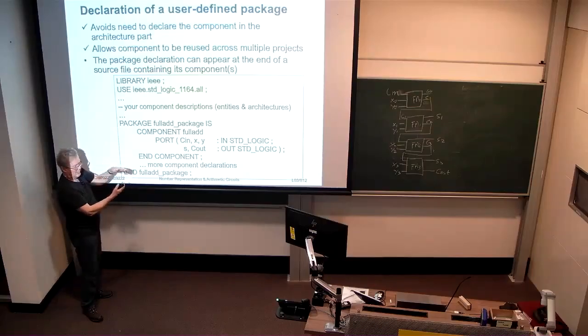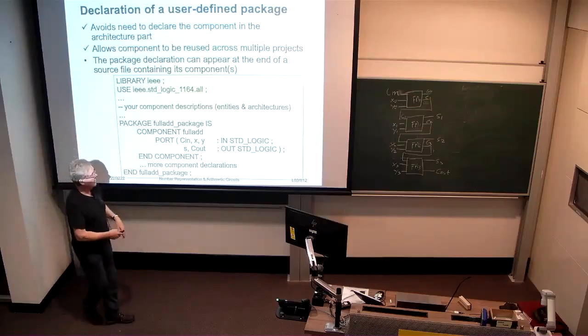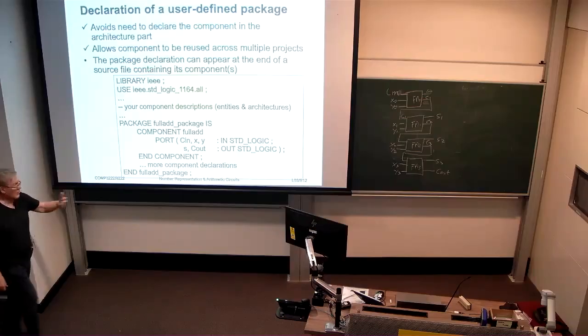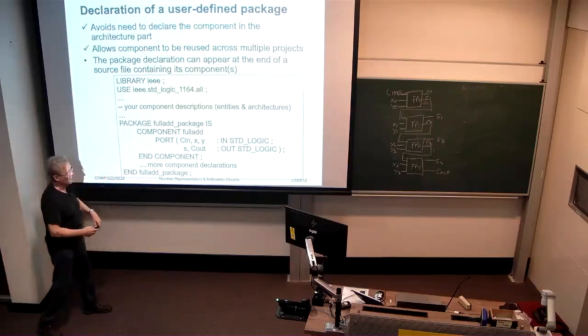Or you might create sub-packages that have fewer things in them. Doing so allows you to avoid having to declare the component in the architecture part of your design, and it allows that component to be reused across multiple projects. So this is a useful thing to do.